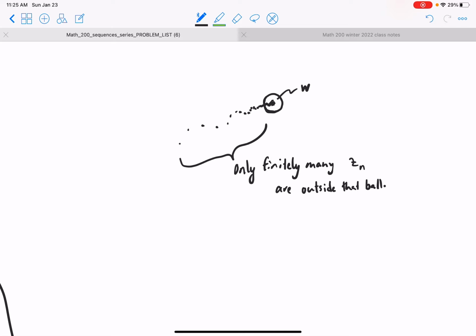On the surface, this looks different than what's in our book, but it is equivalent, and it's another way to think about it. So this is Z1, this is Z2, Z3, etc. And for any small ball of radius, well, the radius should be a positive number, only finitely many Z sub n are outside that ball.